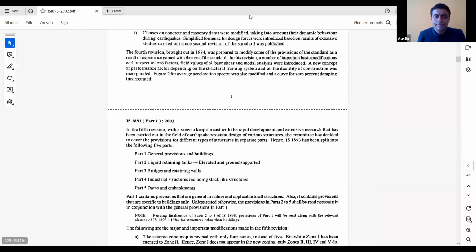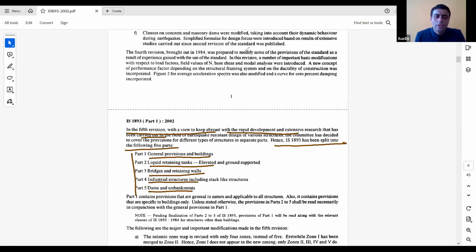It says that with a view to keep abreast with the rapid development and extensive research that has been carried out, 1893 has been split into 5 parts: general provisions and buildings, liquid retaining structures, bridges and retaining walls, industrial structures, and dams and embankments.